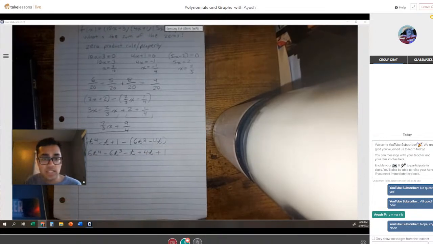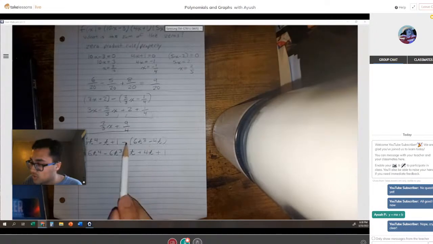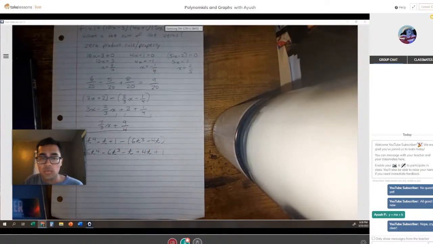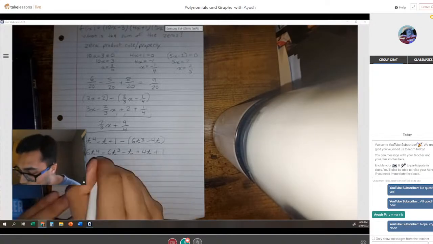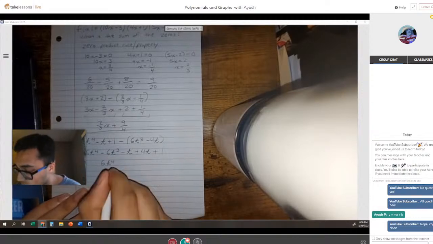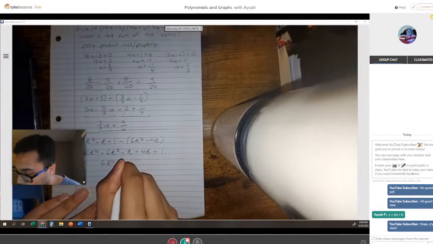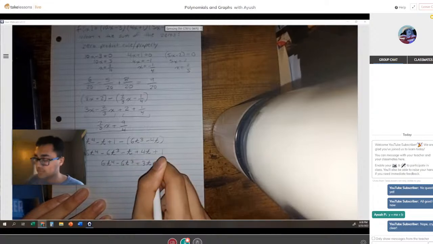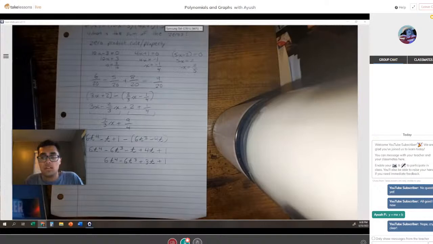Why is it plus 4t? Again, minus 1 times minus 4t inside, right? So we got 4t. And then all we have to do is combine. So the only things we can combine are the t to the power 1 terms. So it's 6t to the 4th minus 6t cubed plus 3t plus 1. And in this case, that would be our final answer, right?